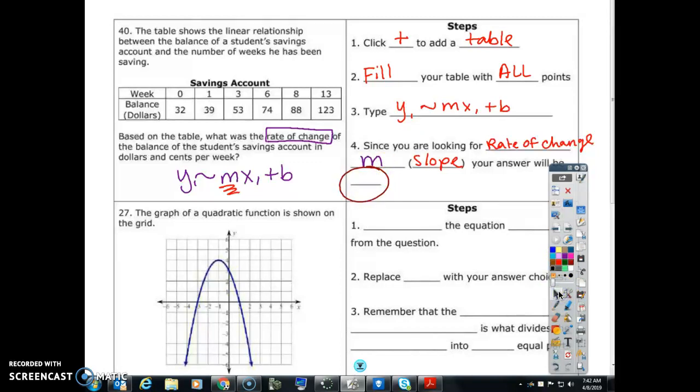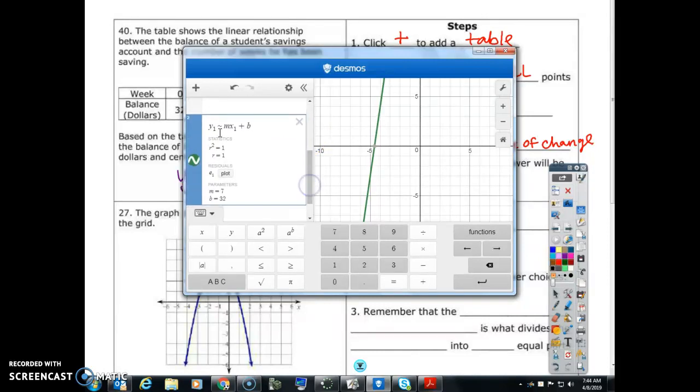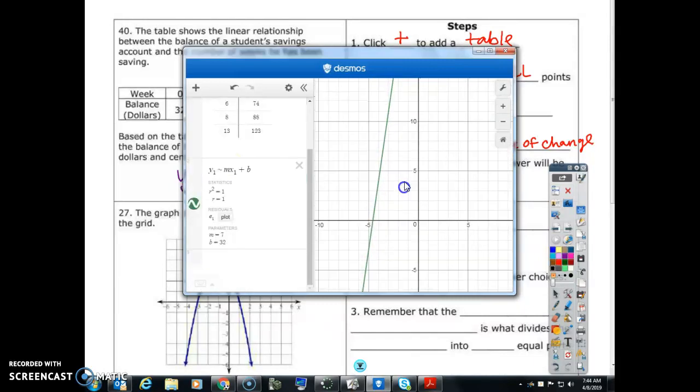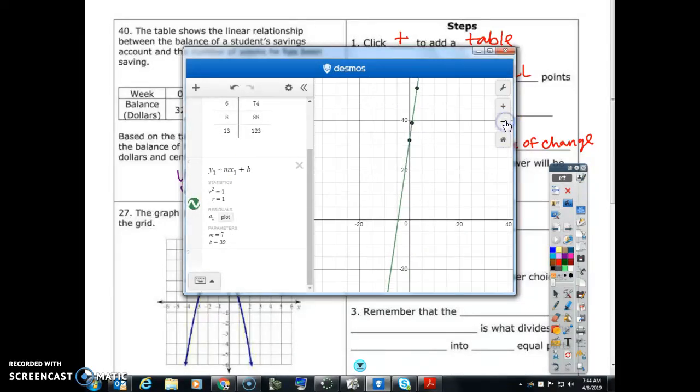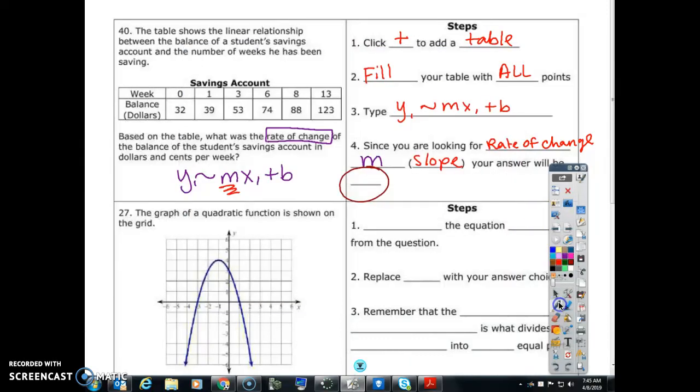We need to type the table into Desmos and do all of this and see what our M is. Go ahead and pause the video and do what I just asked. So you go on Desmos, you add the table, then you add the equation, y1 approximately mx1 plus b, and it gives you the m is 7. So that means the slope of this line, of those points that you graphed, is 7. So the slope is 7 for that one.